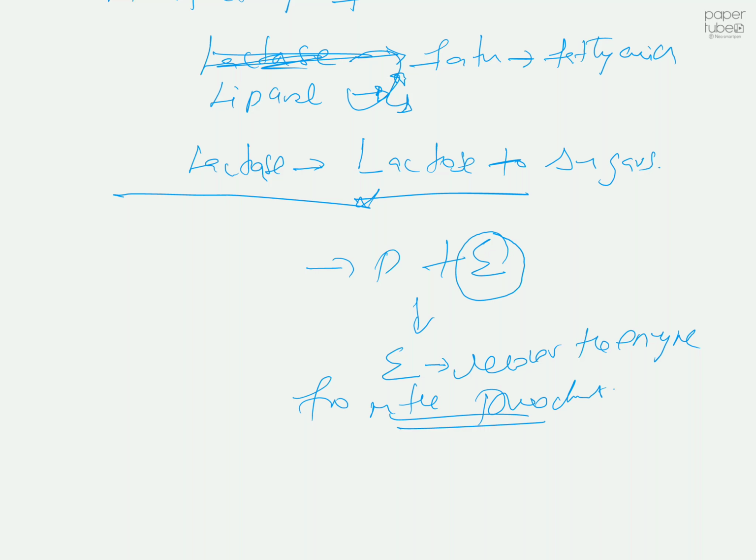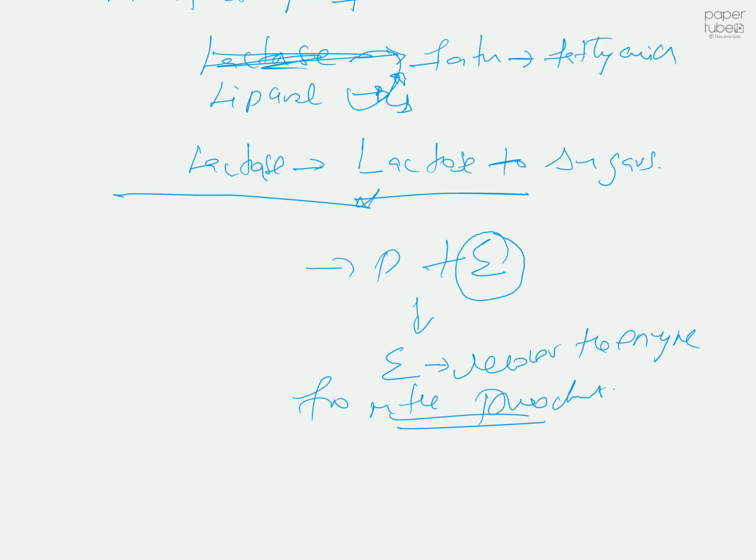It's better to recover those enzymes so that you can use them in the next batch to convert more of your substrate into new products. So for the purpose of cost, we have to recover the enzyme from the final product.